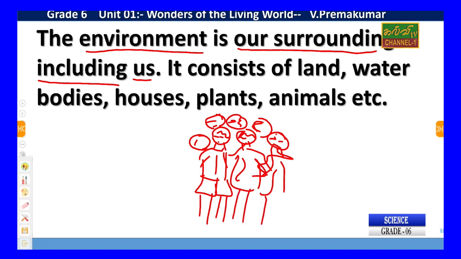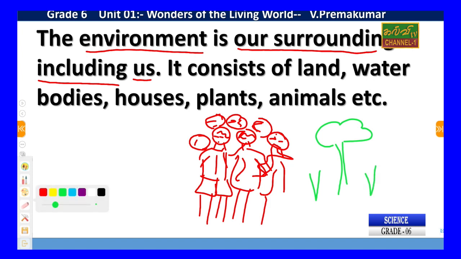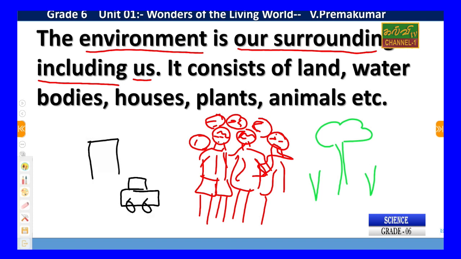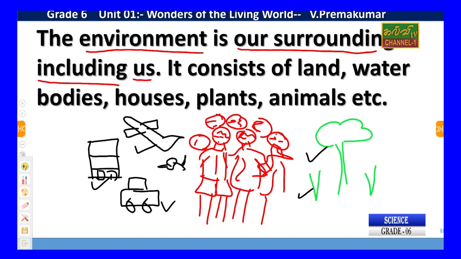When we see the surroundings, you can find trees, grass, vehicles, and different kinds of buildings, aeroplanes, some birds. Everything. That is what the environment means: our surroundings, around us, including us.